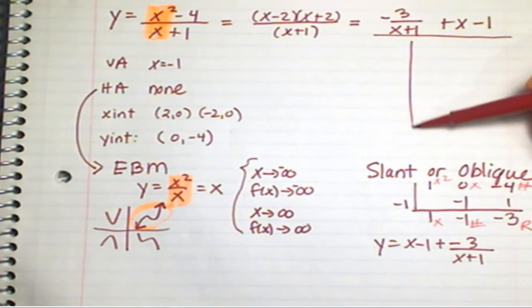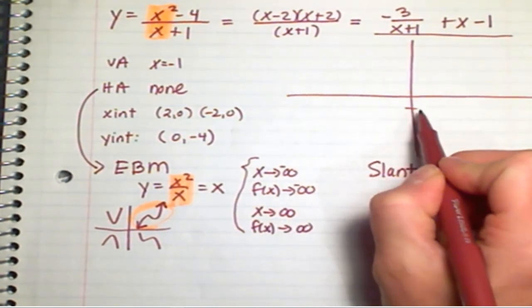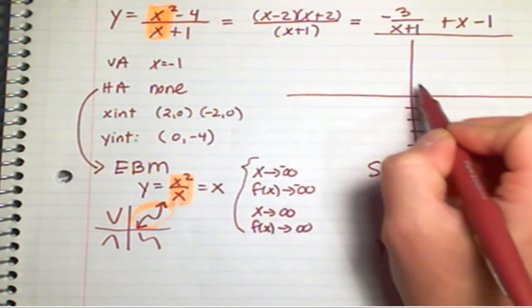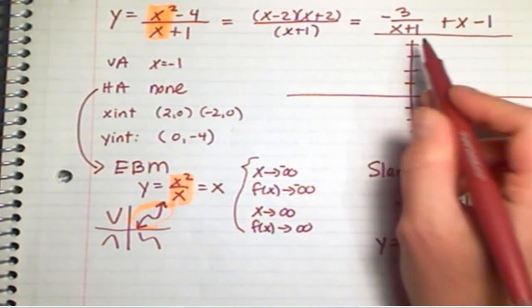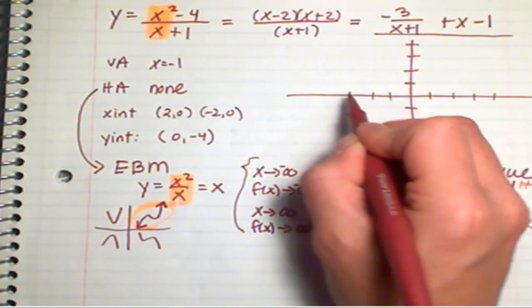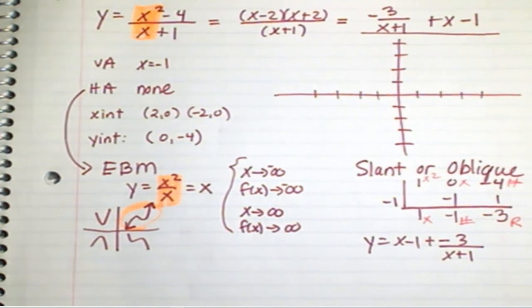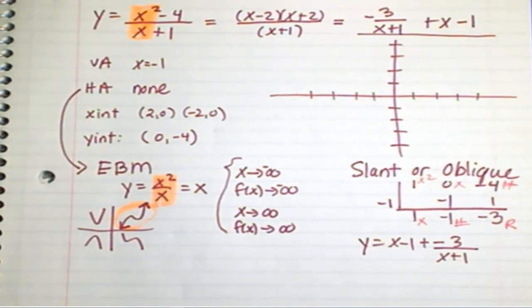Okay, so let's try and graph this. 1, 2, 3, 4, 2, 3, 4. All right, so 4 by 4 here. Now, as I'm looking at this, I do have a slant asymptote, but we don't actually know what it is yet.